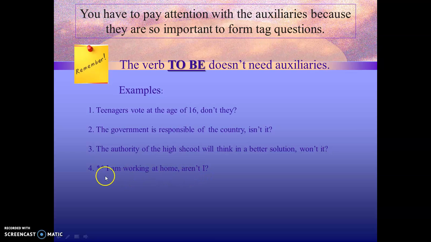In this case, we explain how we form tag questions. Always when we form a tag question, we need a comma. This is an important sign of punctuation in this topic. After that, we have to use an auxiliary according to the verb of the sentence.